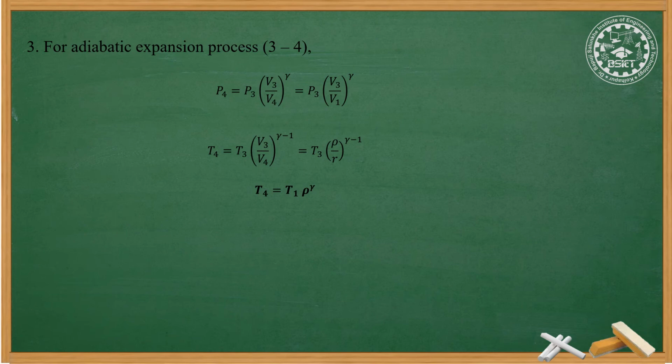The values of T2, T3 and T4 in terms of T1 are to be substituted in the equation of efficiency. The value of T4 is T1 into rho raised to gamma. The values of T2 and T3 that we have seen earlier will now be substituted in the efficiency equation.